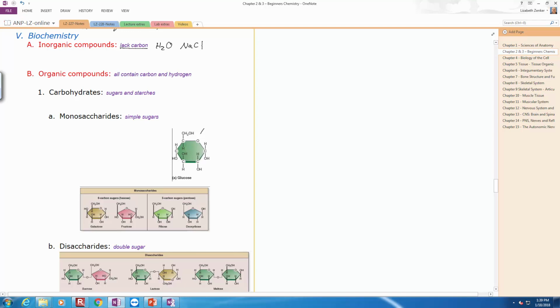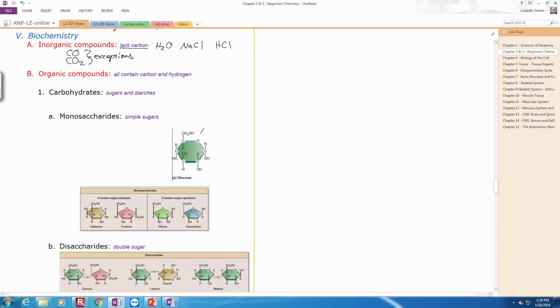How about hydrochloric acid? Now there are two exceptions to this rule. They have a carbon in them, which are carbon monoxide and carbon dioxide. These are our only carbon exceptions. You'll understand why in just a second.